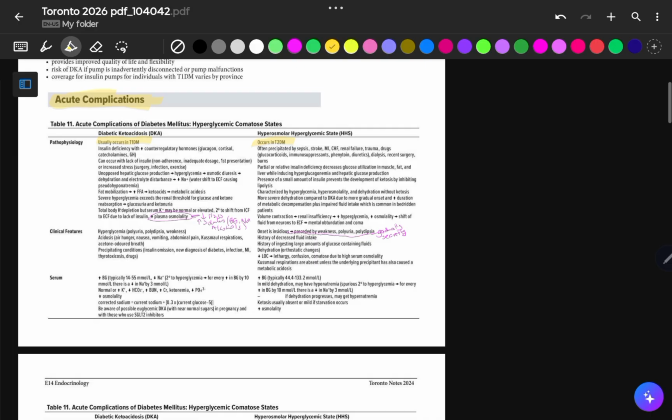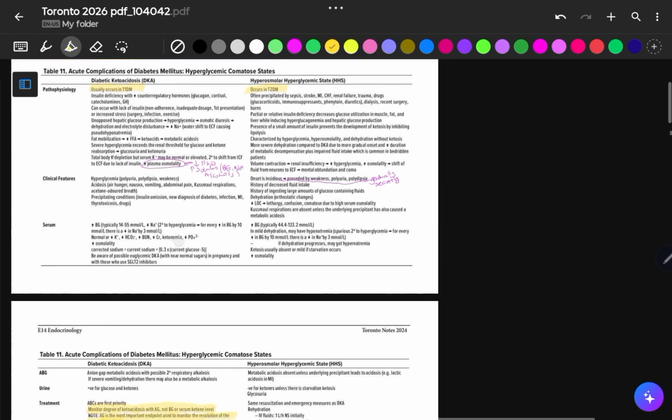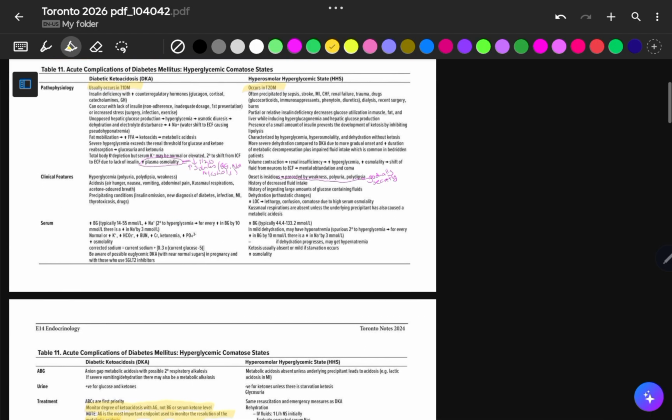The onset is gradual, preceded by weakness. They present with weakness, polyuria, polydipsia, and a history of decreased fluid intake. You may have a history of ingesting large amounts of glucose-containing fluids, dehydration, and orthostatic changes. You have a decreased level of consciousness. Remember, we spoke about the shift of fluid from the neurons to the extracellular fluid.